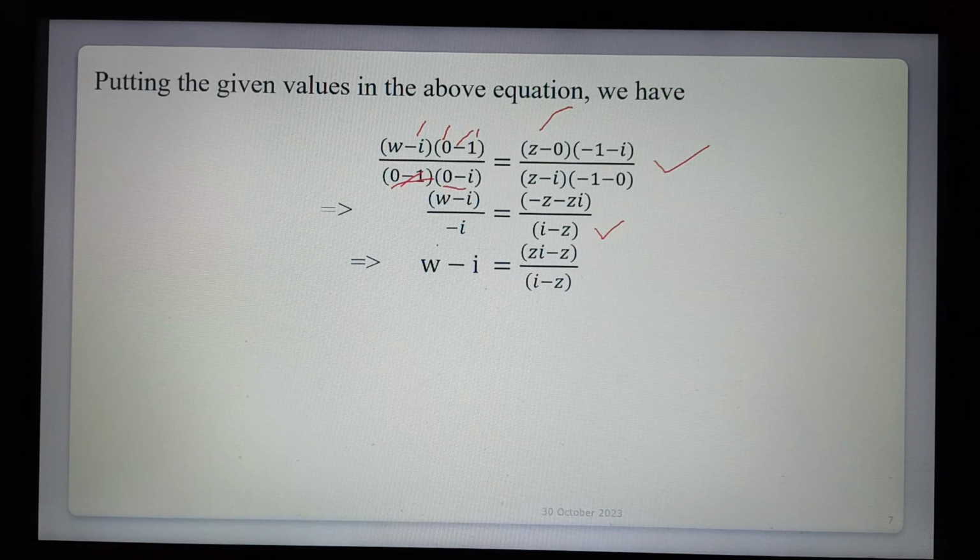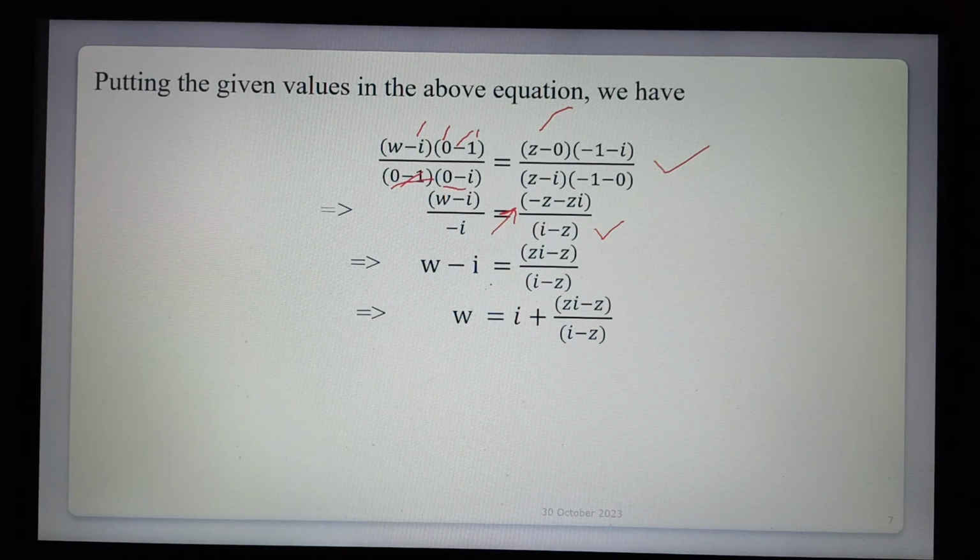So minus outside, w minus i is equal to zi minus z by i minus z. So w is equal to minus outside, i plus zi minus z by i minus z.